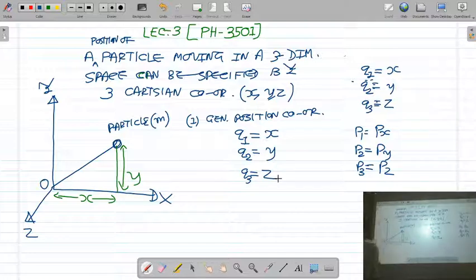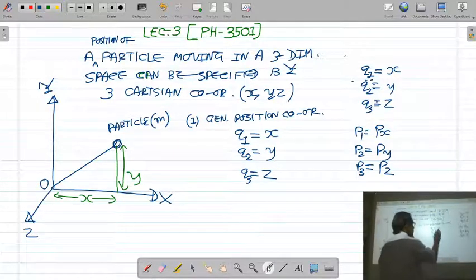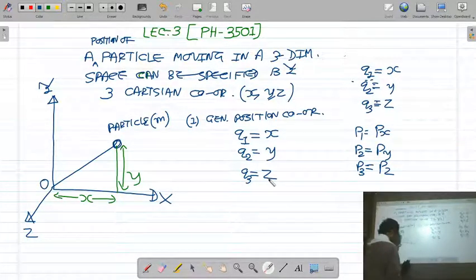So the generalized position coordinates for the motion of this particle in a three-dimensional space are q1 equal to x, q2 equal to y, and q3 equal to z.